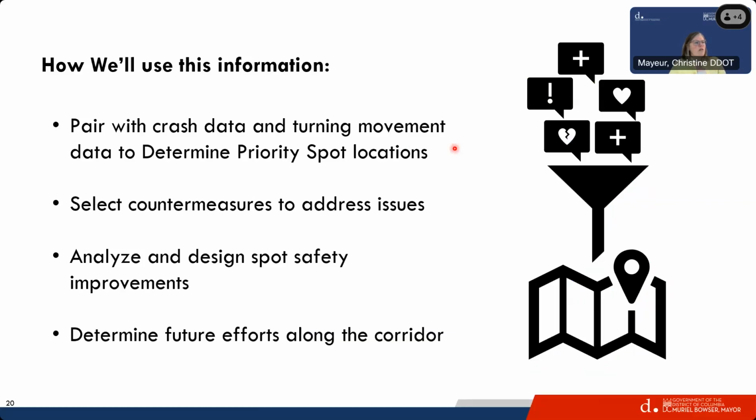So we'll use all of this information, especially the details that you all have already submitted, pairing that with crash data, turning movement data, and everything that we collected from the springtime when we were able to get our data collection completed. To determine spot locations, we'll select countermeasures to address those issues with you all, analyze those safety treatments, and then determine future efforts along the corridor.